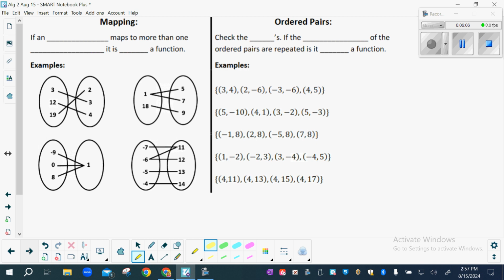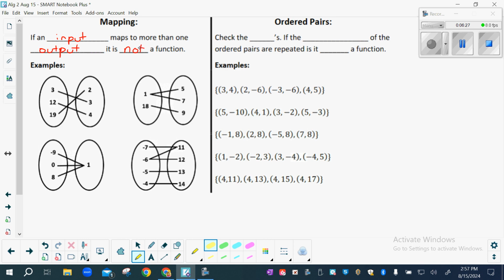Let's do a mapping. The mapping you're probably a little less familiar with. If an input maps to more than one output, it is not a function.